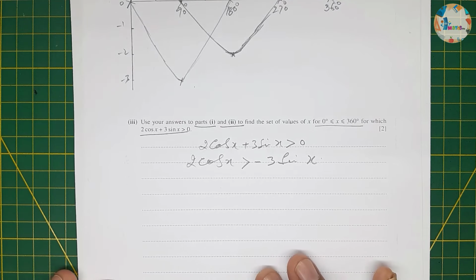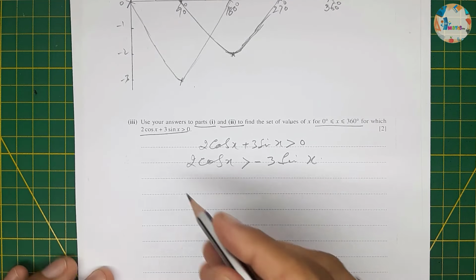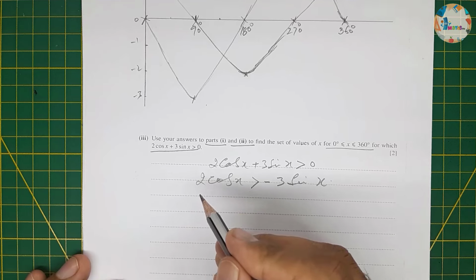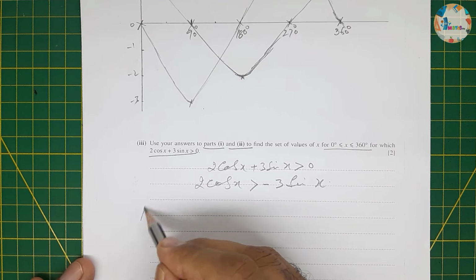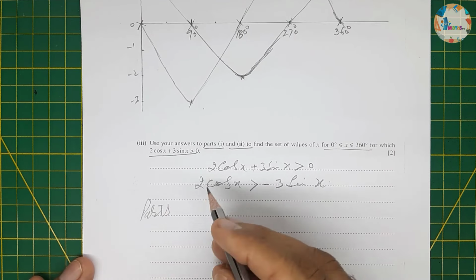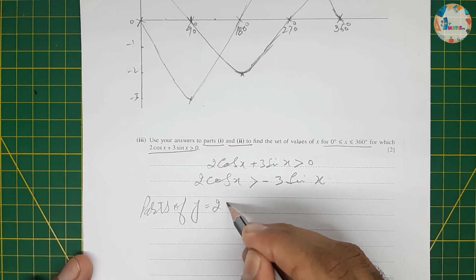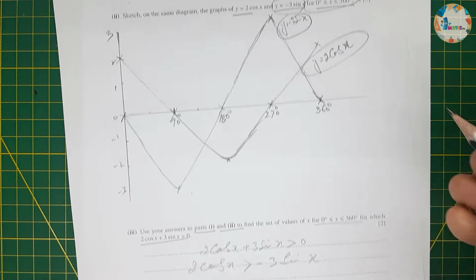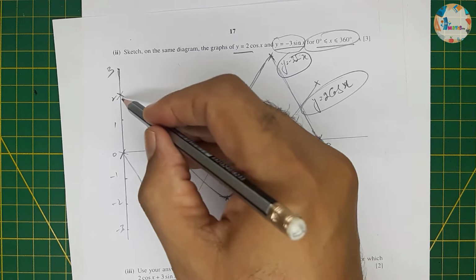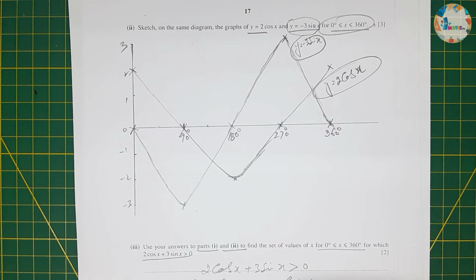Now we will be checking parts of y is equal to 2 cos x, which is this equation. We need the parts which are above this curve.